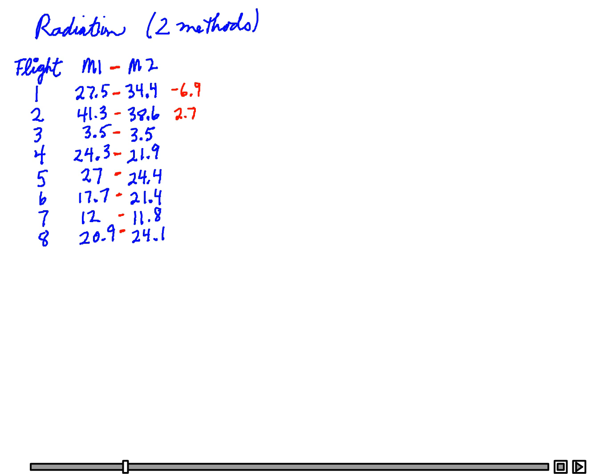Notice that if I'm taking a larger value from a smaller one, that ends up being negative, and I want to put the negative there.